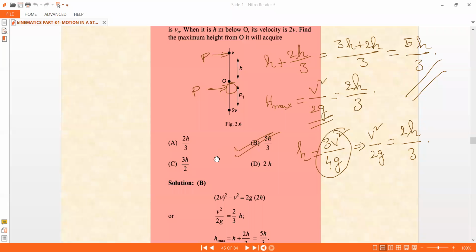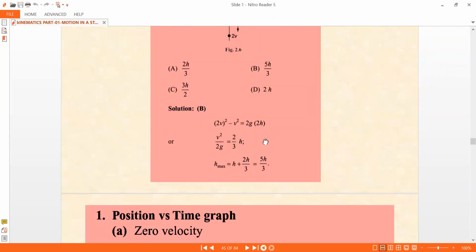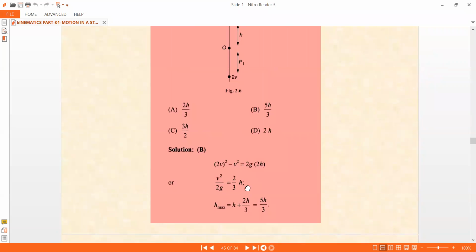So what we did was we found that h is equal to 3v square by 4g. You can smartly do it like this also. You write 3v square by 4g as equation 1, and then you have the h max from the point P, that is v square by 2g.